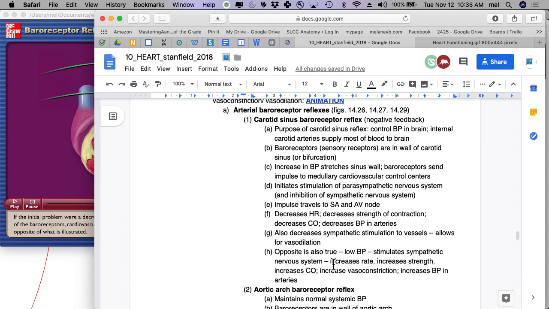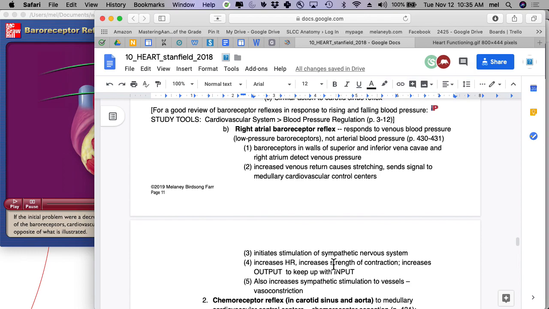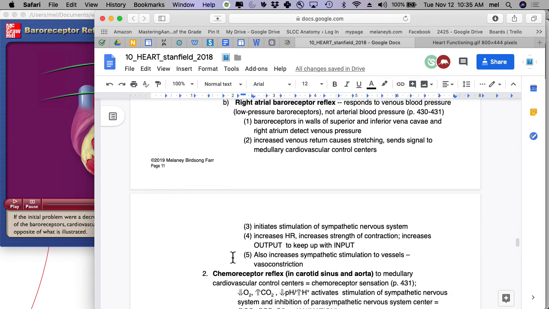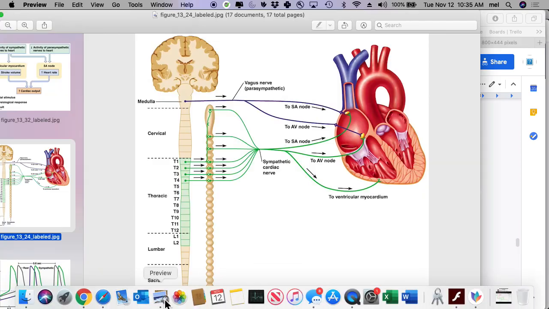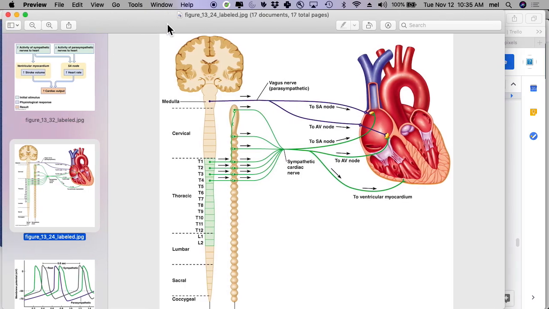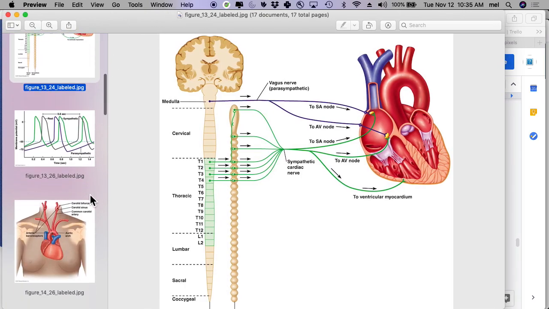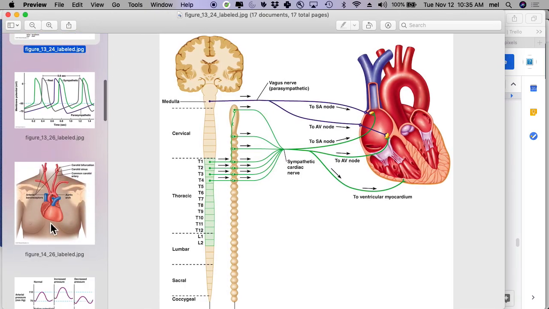So these two do the same thing. One of them's a little tweakier, yeah? But then this one I need you to listen to because it's a little hard to understand if you're not listening, and it's totally counterintuitive. Okay, so now I want to talk about the right atrial baroreceptor reflex. I want you to think about what the right atrium is.